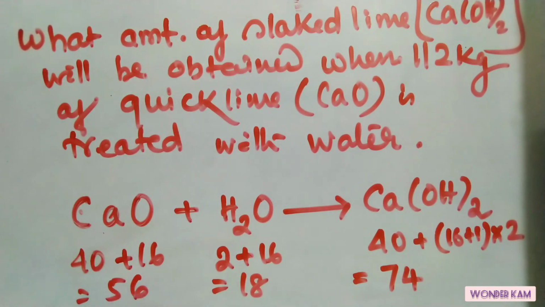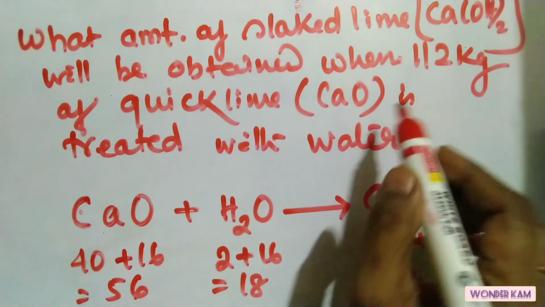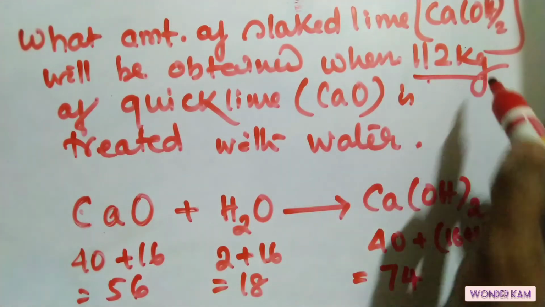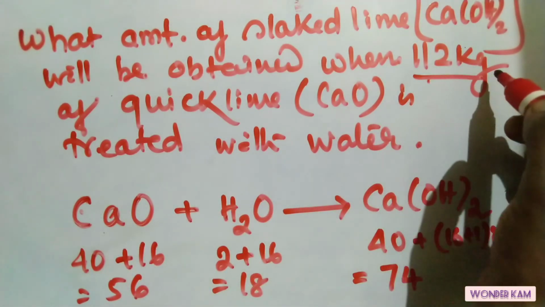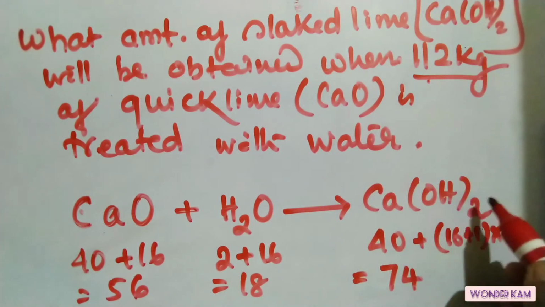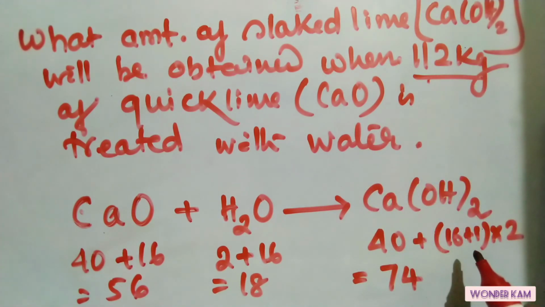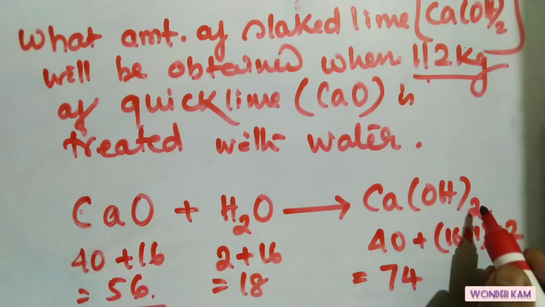Now you can find out: 56 kg of calcium oxide will produce 74 kg of calcium hydroxide.